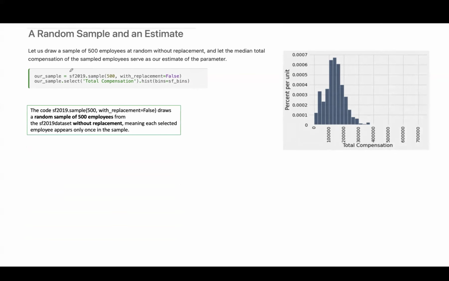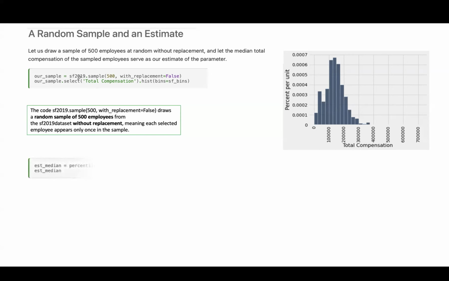The line of code here basically draws a sample of 500 employees from the San Francisco 2019 table without replacement, meaning that each selected employee appears only once in the sample.